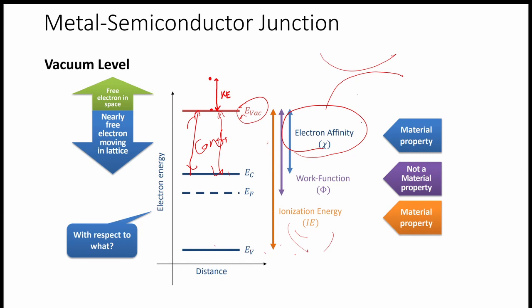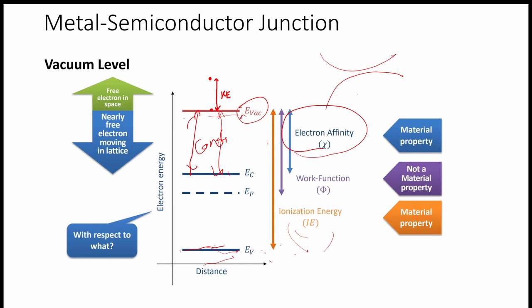Whether we are doping, even with variable doping, this gap will be constant. And the gap between the uppermost level of the valence band and the vacuum level will also always be constant. These two are the material properties. They won't change whatever we do.